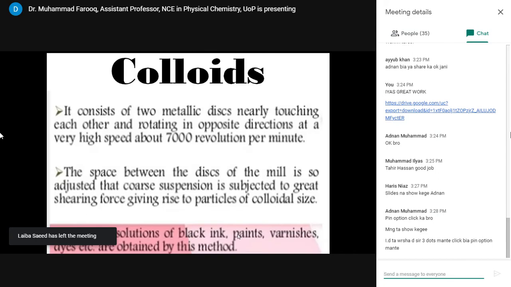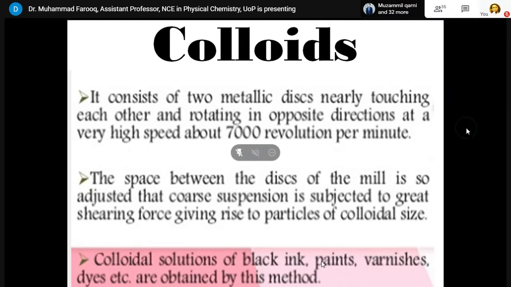It consists of two metallic discs nearly touching each other.